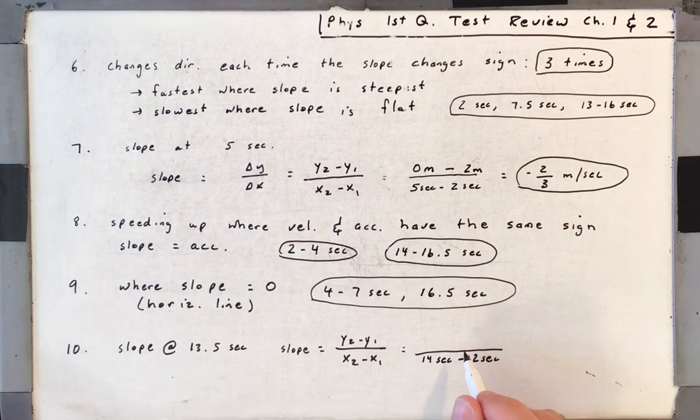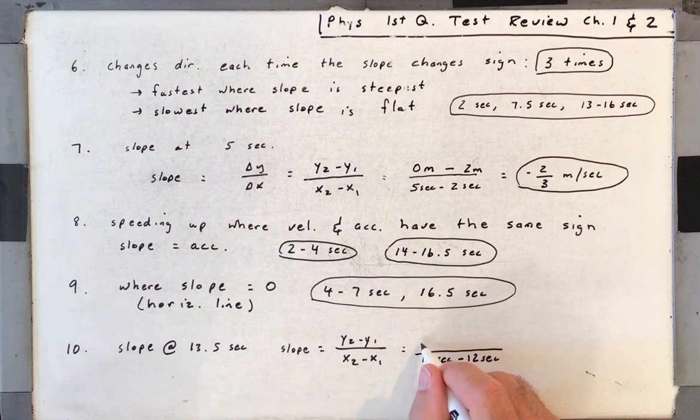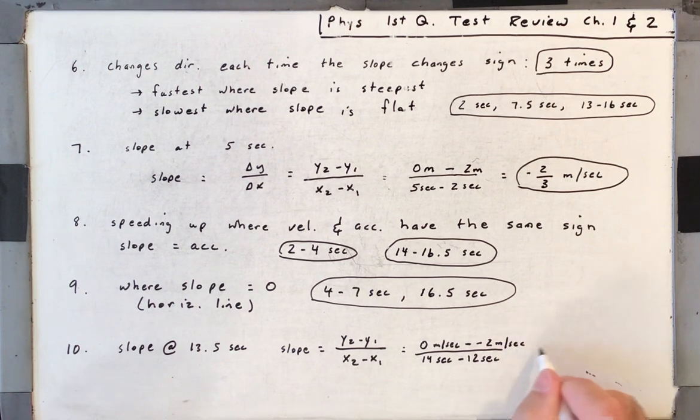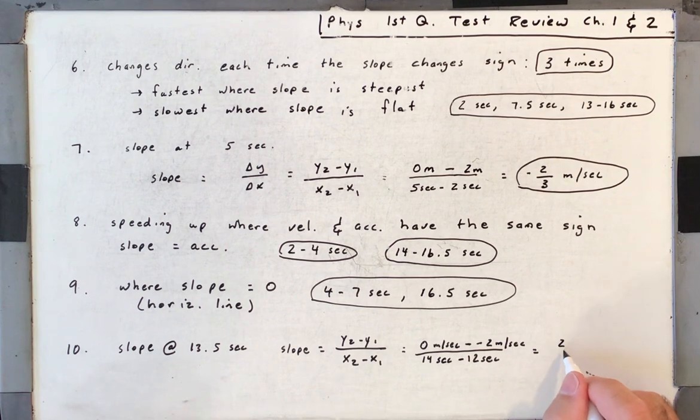Just read the graph, and it's 0. What's the velocity at 12 seconds? Well, it's -2, so minus -2. That's going to be positive. 0 minus -2 is positive 2 over 2.